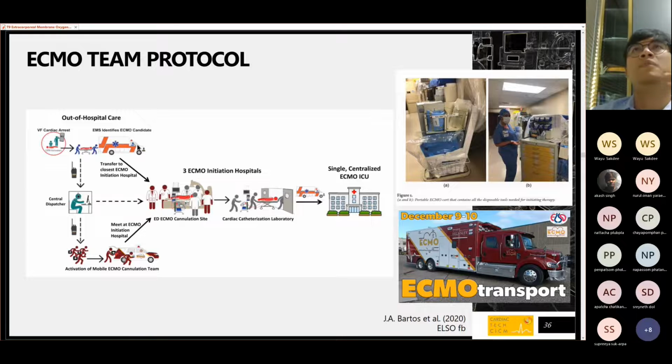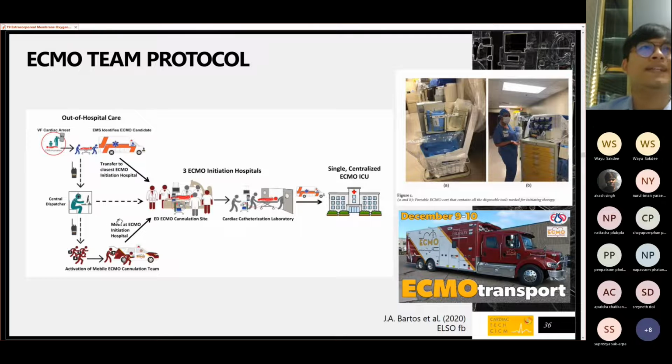If there is any ECMO candidate, they notify the team: who is the physician who will perform the cannulation, who is the perfusionist who will prepare the ECMO circuit, who will be the ECMO nurse to take care of the patient after that. Okay, but this system I show you occurs in the United States.